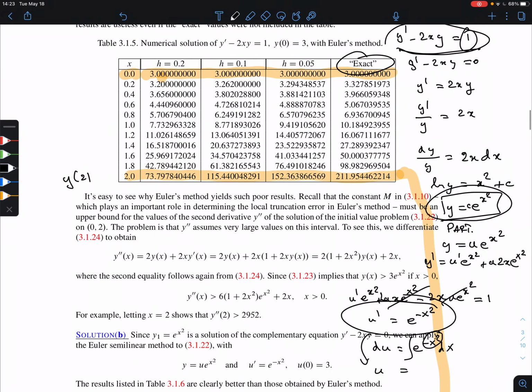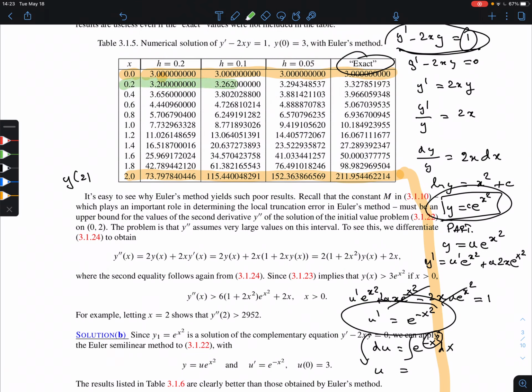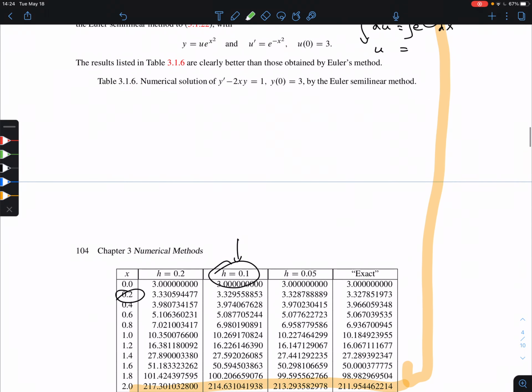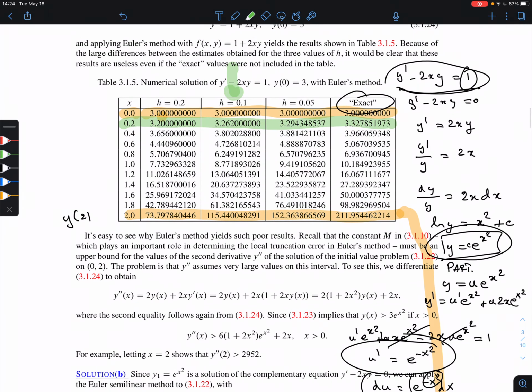I'm sorry, this particular one doesn't give 0.1, it gives the values at 0.2. But let's compare them. Here it was 3.2. In this row it was 3.26, and here it would be 3.32. You see, it's already different, and it is closer to the actual value. This is the actual value here, whereas 3.26 is a bit further away.